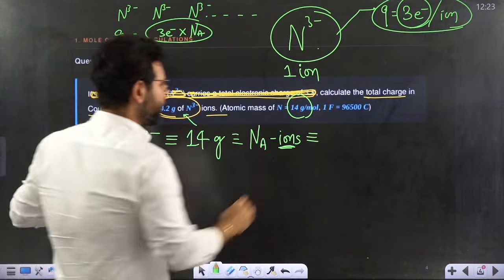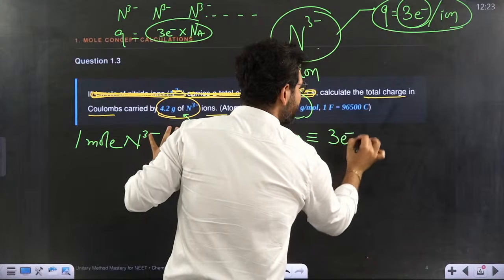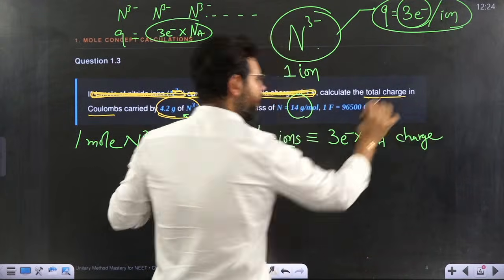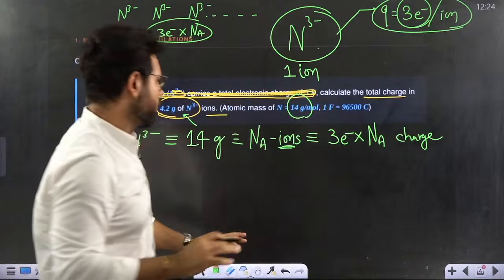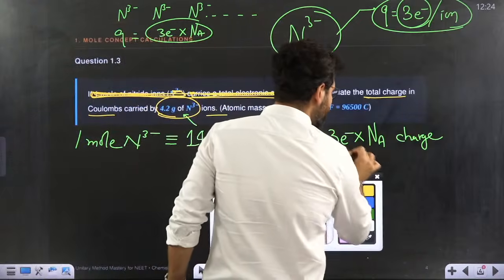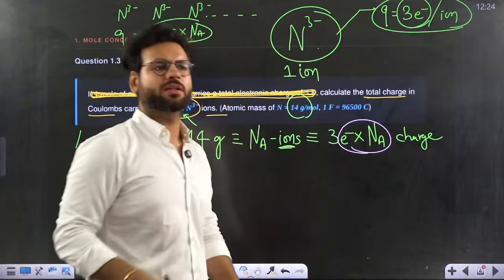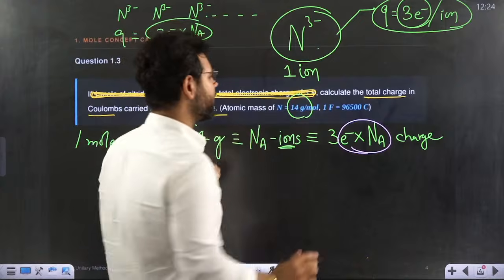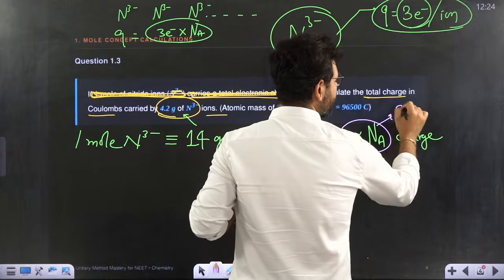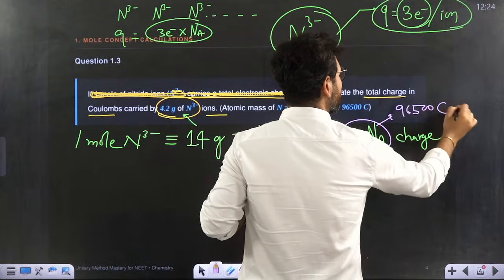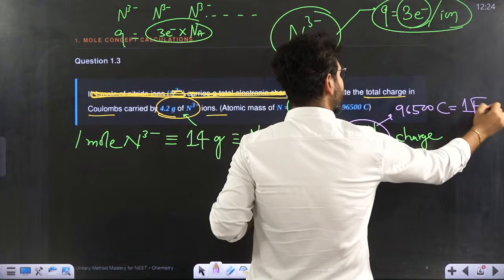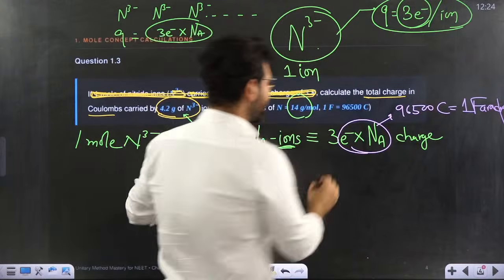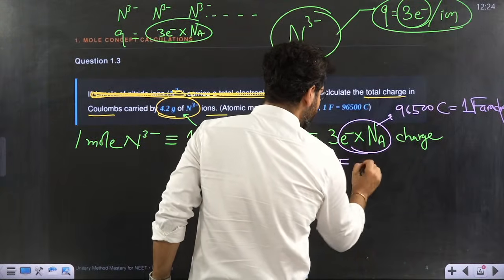So, it will be 3e times NA charge. And please remember now, when you multiply electronic charge with Avogadro number, this means charge on 1 mole of electrons, which is always coming out to be 1 Faraday or 96,500 Coulomb. So I can also say it carries 3 Faraday charge.